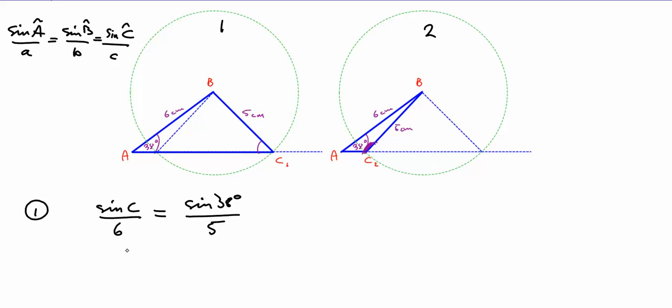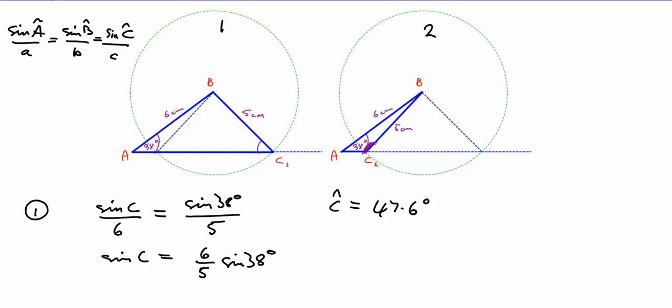This will give us sine C equals 6 over 5 sine 38, which, by using the calculator, gives angle C equals 47.6 degrees.